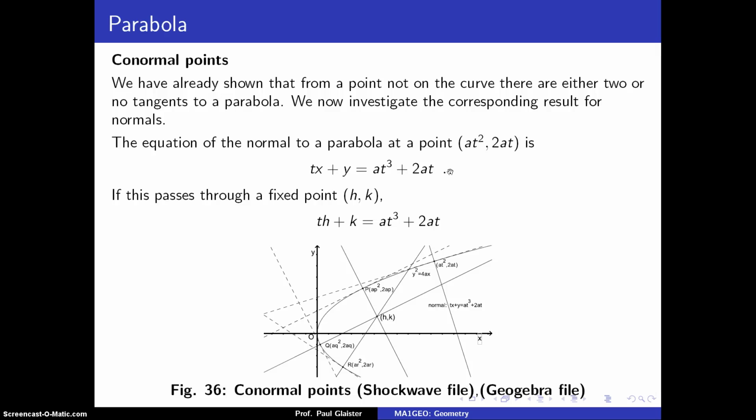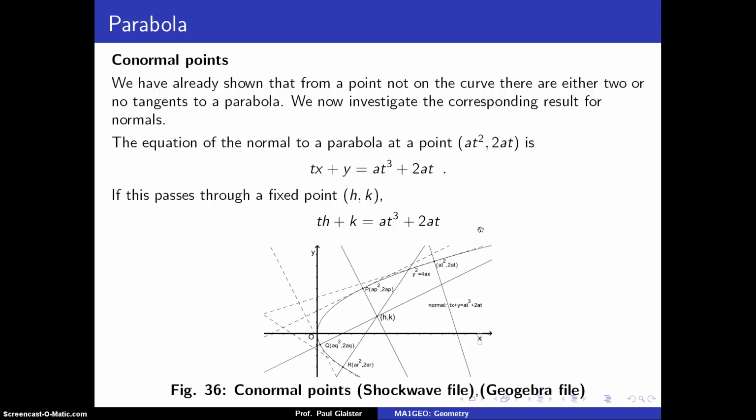Now let's suppose that we take a normal at the point (at², 2at) and insist it passes through the point (h, k), then (h, k) will satisfy the equation for the normal. In other words, h and k, the coordinates of that point, will be related to the parameter t, which is the parameter for the normal at the point on the parabola, through this expression.